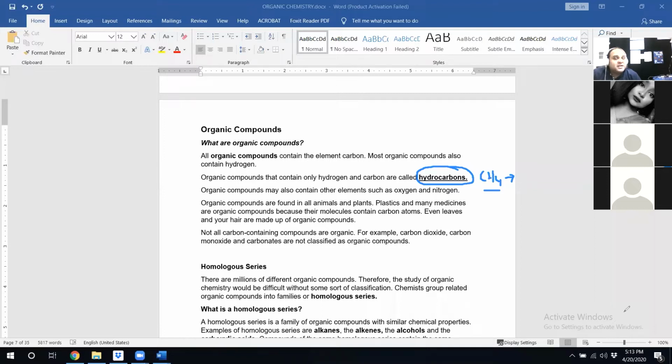And where do we get this sulfur from? By burning fossil fuel. And what is a fossil fuel? Fossil fuel is a type of organic compound. So organic compounds can have oxygen, nitrogen, sulfur, potassium, and there might be a lot of things.